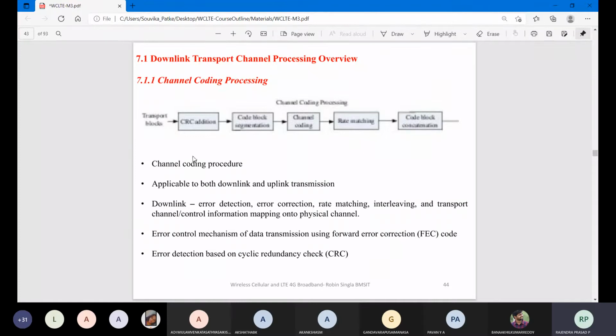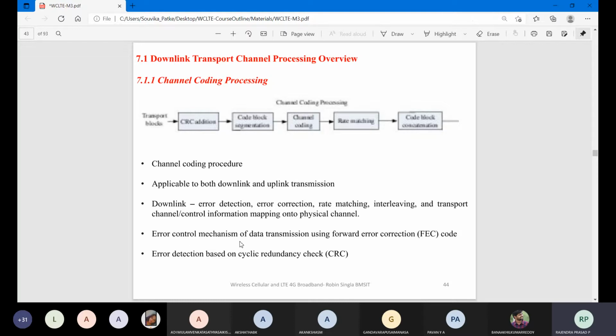These 5 blocks together we call the channel coding processing. What we do here is apply the channel coding procedure, and the coding algorithm is applicable to both downlink as well as uplink channels.